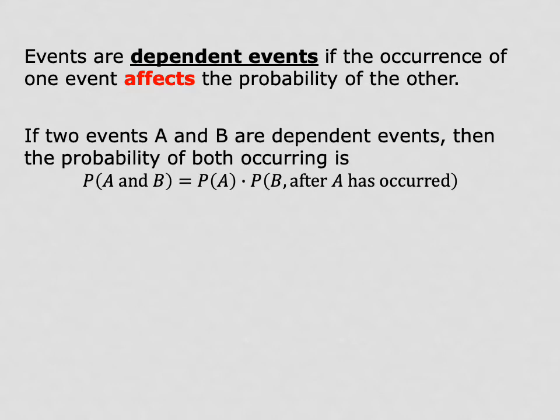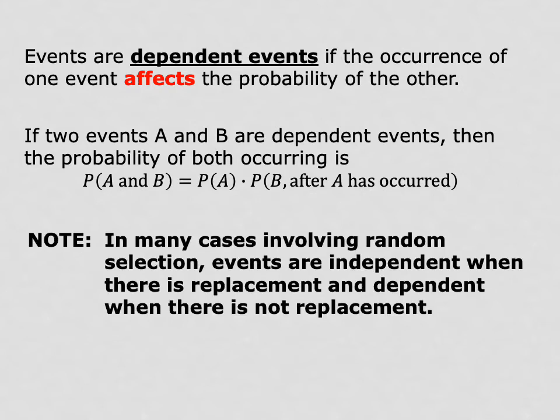So if 2 events are dependent, then the probability of both occurring, the probability of A and B, is going to be the probability of A times the probability of B after A has occurred. This probability of B after A has occurred is kind of like the conditional probability that we did in the last notes.